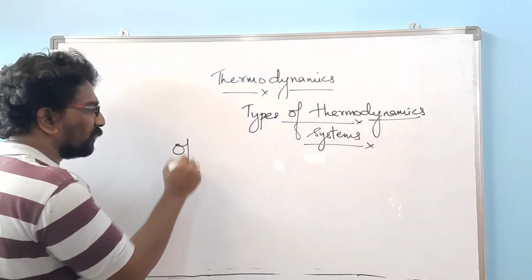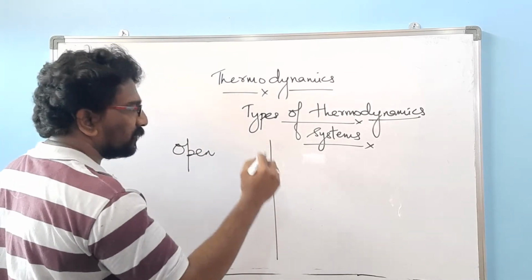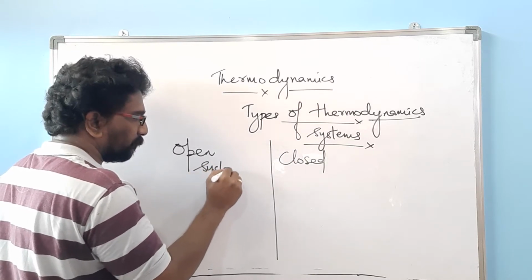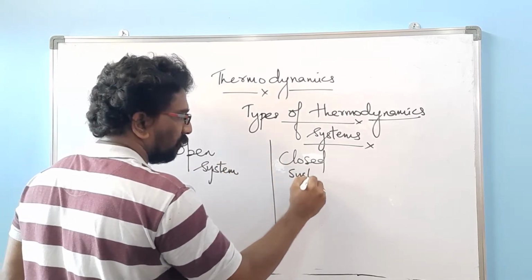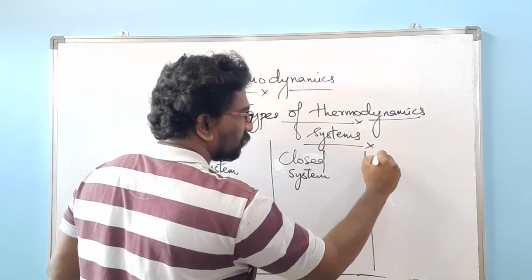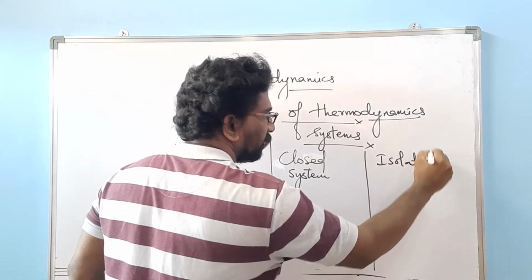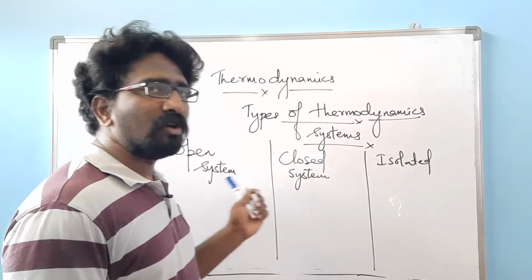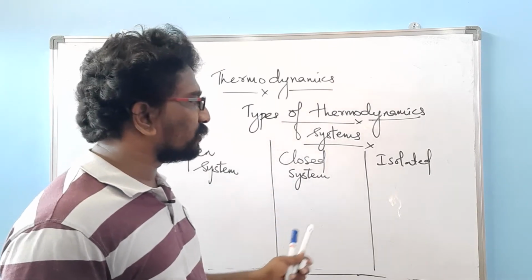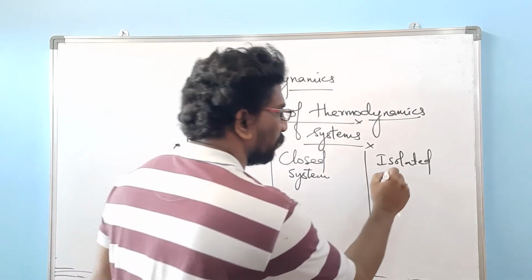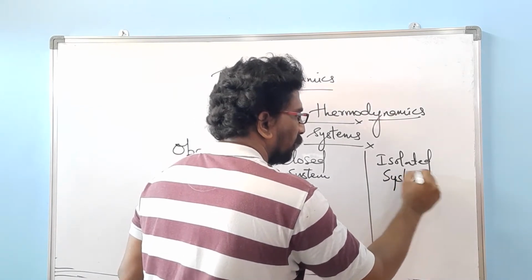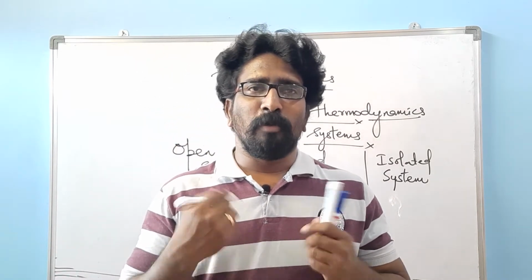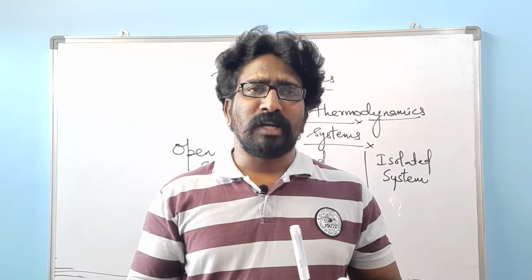First one is called an open system, then the second one is called a closed system, then the third one is called an isolated system. So now let us understand in detail what is meant by open system, what is meant by isolated system, and what is meant by closed system.